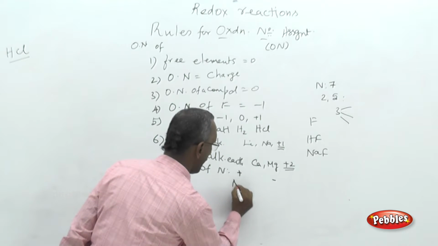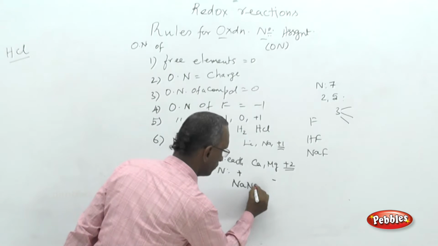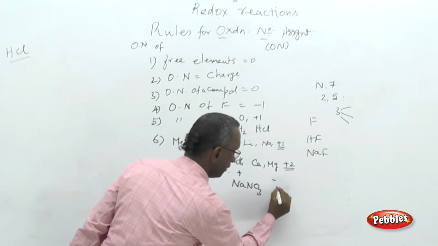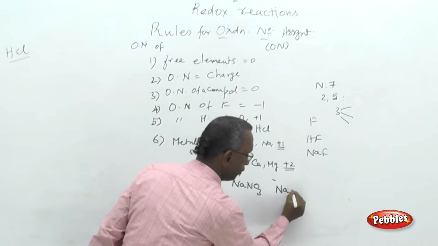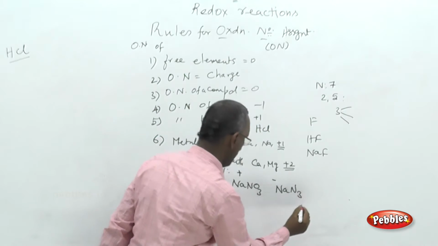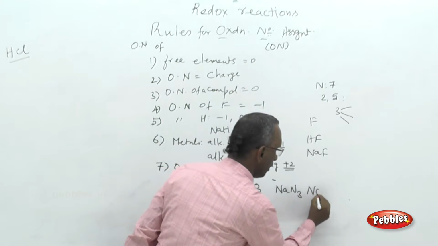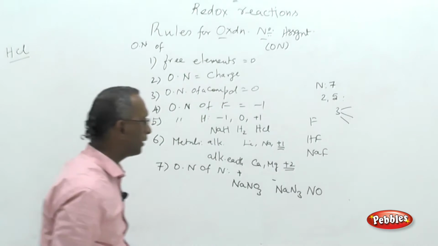Here we have seen the example. We will see the individual ones, NaNO3 and NaN3.